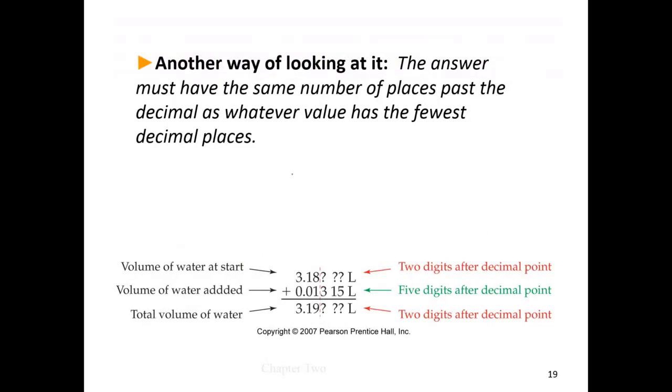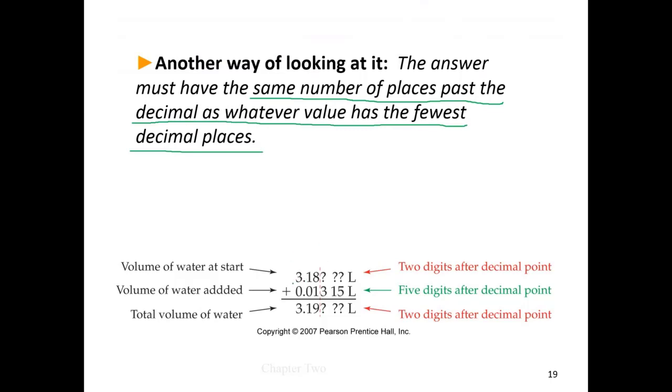Another way of looking at it that might be a little bit easier for you, I'm not sure if your professor described it this way, is to just look at the number of places past the decimal. Of course, this only works if each of the numbers has a decimal. If it doesn't have a decimal, you'll have to use one of the other methods that I described. So the answer has to have the same number of places past the decimal as whatever value has the fewest decimal places.